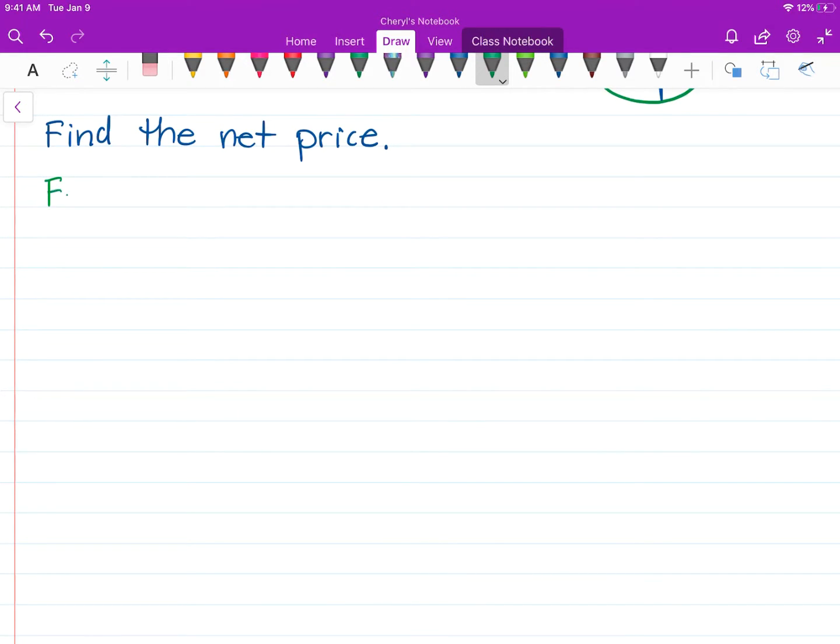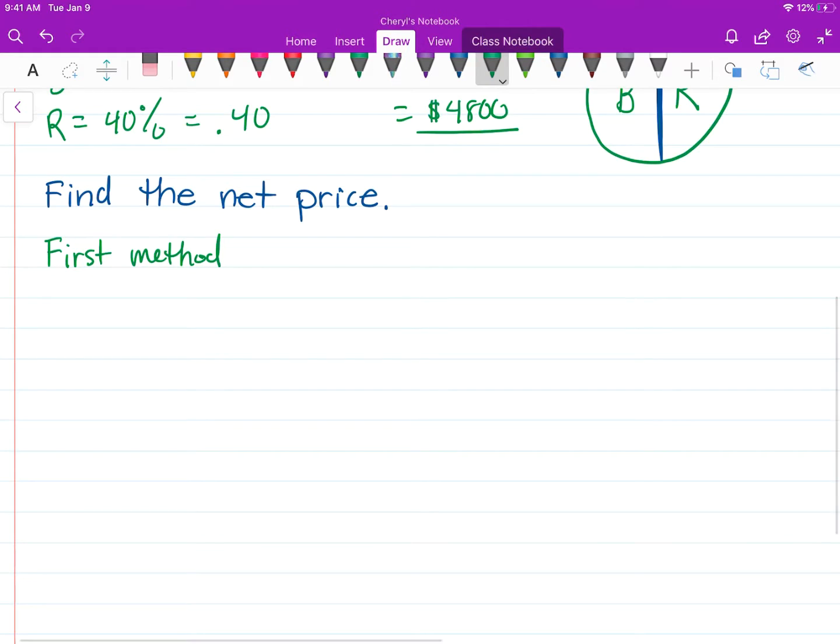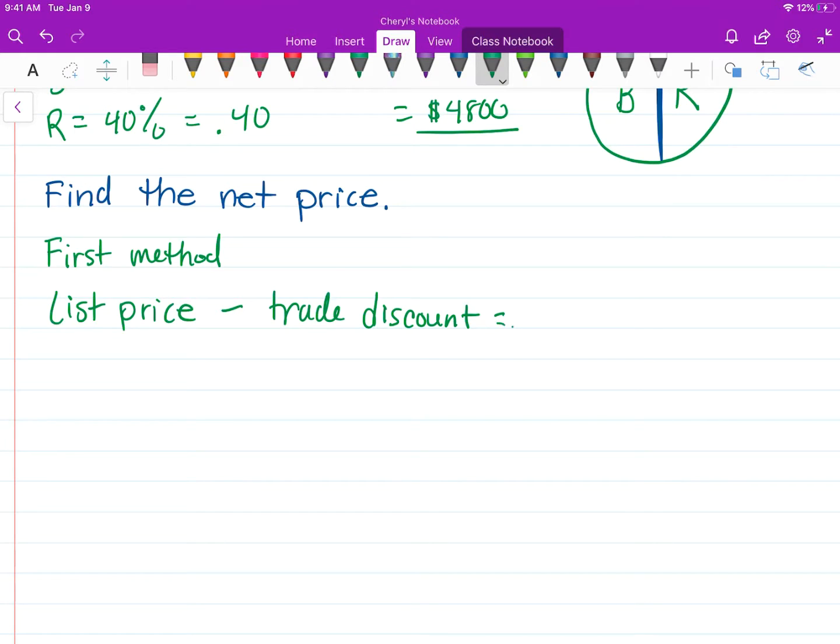So we have the first method for finding the net price. The net price is what the price is after you take off the discount. So that would be the list price minus the trade discount, and that would give you the net price.